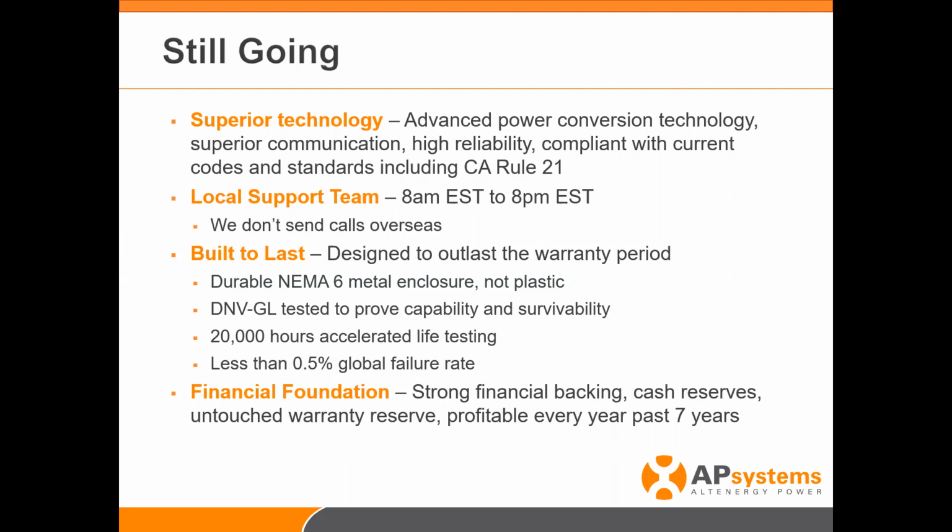It's for any kind of catastrophic or systemic problems, and we've never had to use it, but we still have it. So even if there is some sort of disastrous issue, your system and the warranties are completely covered. We've been profitable every year for the past 8 years, so there's confidence in the safety net that APsystems has built in place.